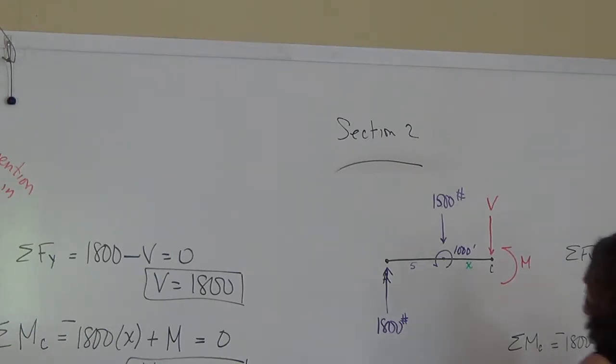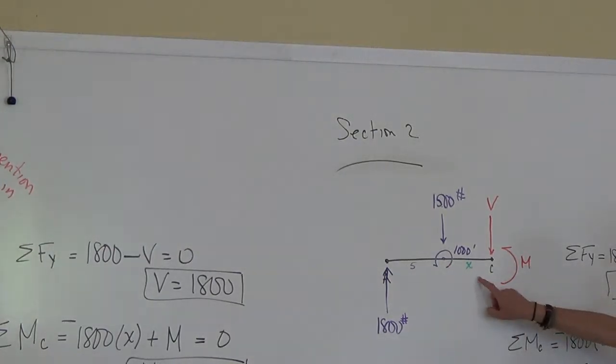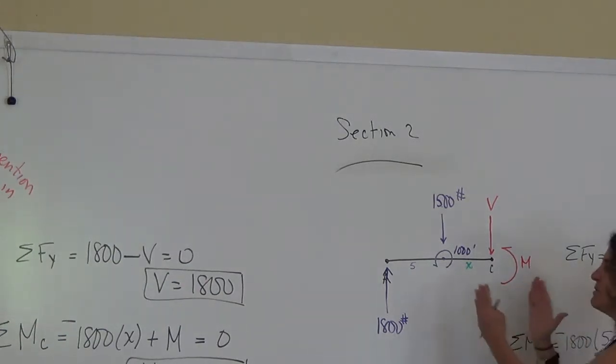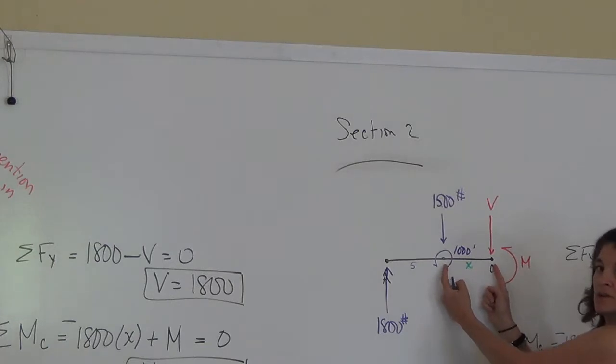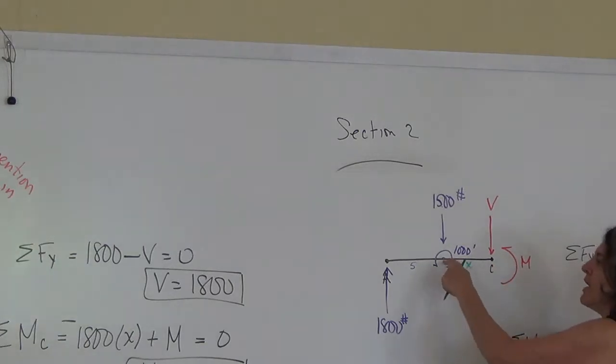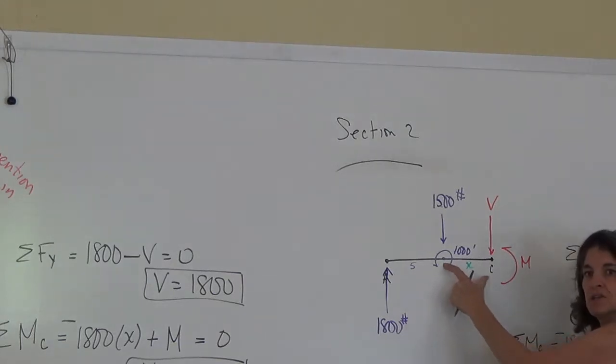And by doing that, when I'm at this point, which is right here, what is x based on this? So I lost some of you already. I'm defining x as only this section here in the middle. So if I want to find what is going on with the moment right here, what is x? 0.